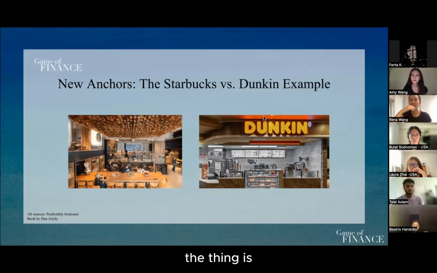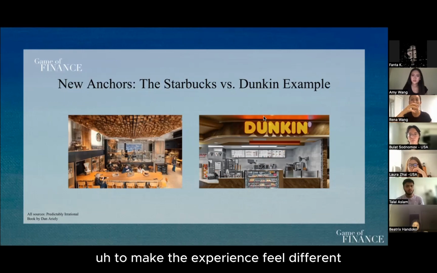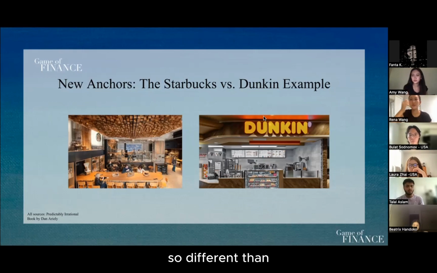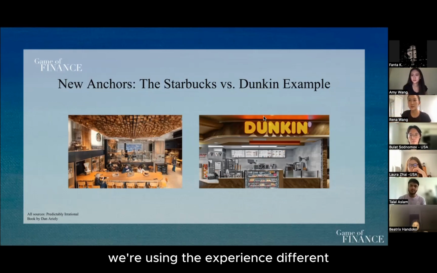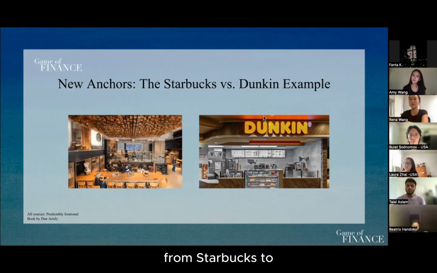The thing is, Starbucks did everything in its power to make the experience feel different. So different that we're not using the price difference, we're using the experience difference. So instead of trying to change the anchor from Dunkin' to Starbucks, they created a new anchor that Starbucks is preparing us for.